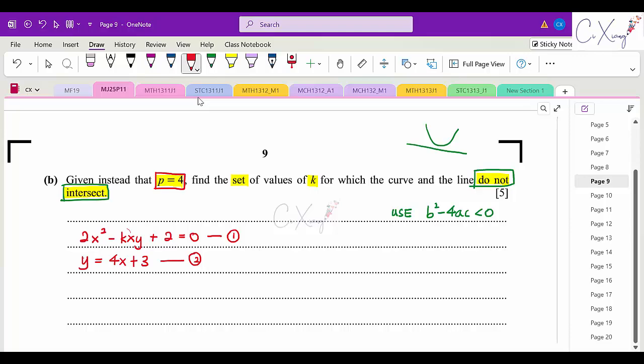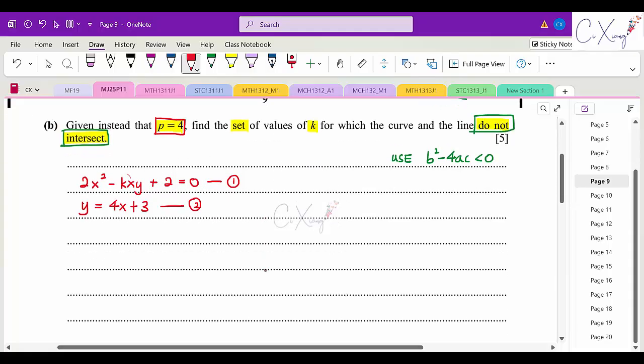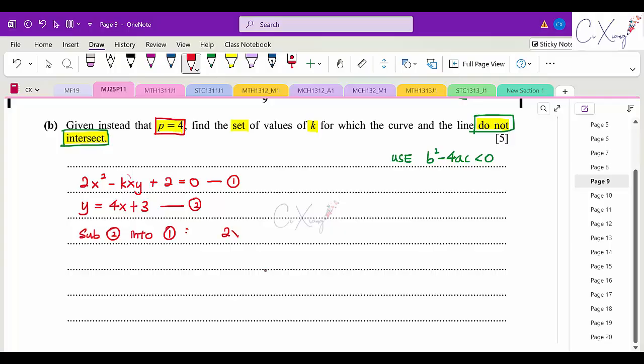Before we can apply b squared minus 4ac smaller than 0, we still need to substitute the linear equation into the curve equation, as if you want to solve it simultaneously, right? So substitute 2 into 1 again. What I have here is 2x squared minus kx, where the y, I replace by 4x plus 3, then plus 2 equals 0.